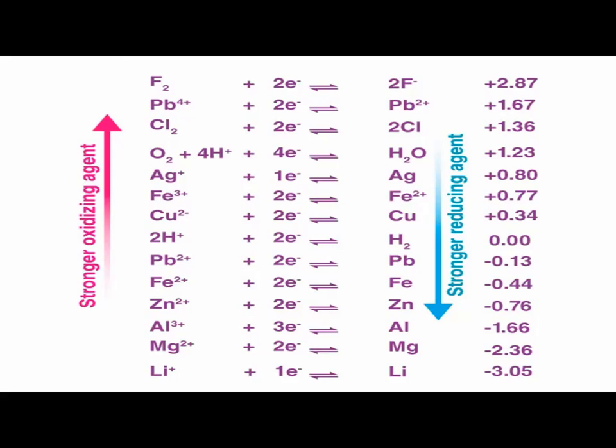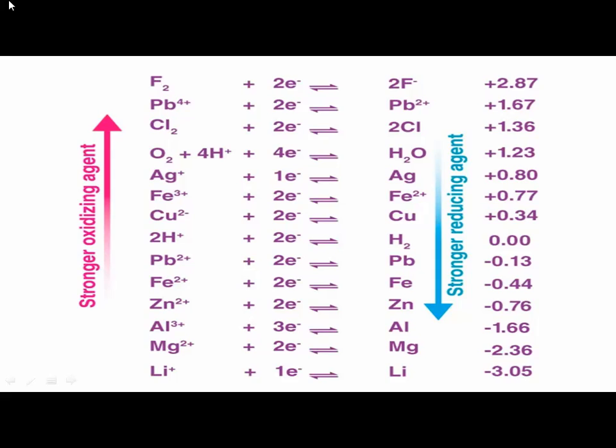Atoms and molecules having strong affinity towards electrons will gain electrons. They are considered to be good oxidizers or good oxidants, or you can say good oxidizing agents.